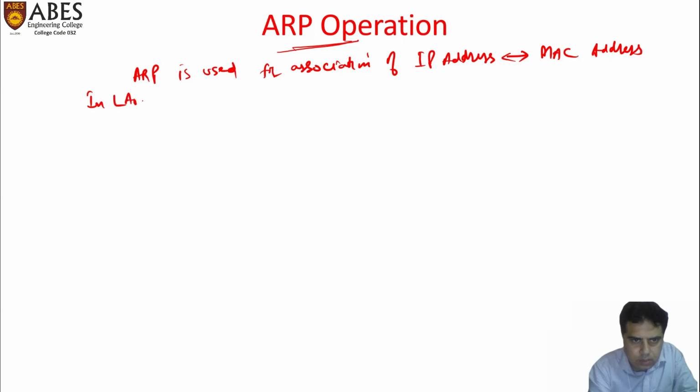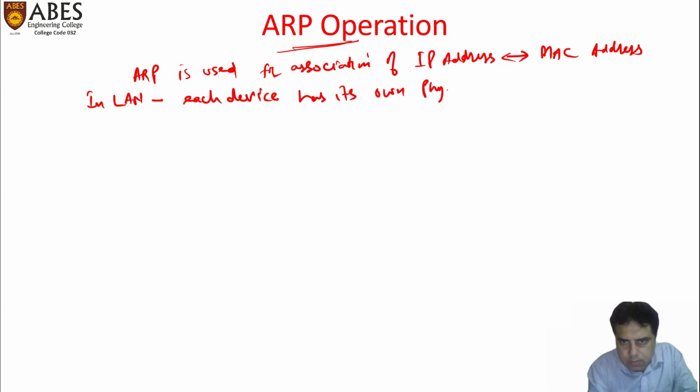In a LAN, a local area network, each device has its own physical address, meaning the MAC address, as its identification.